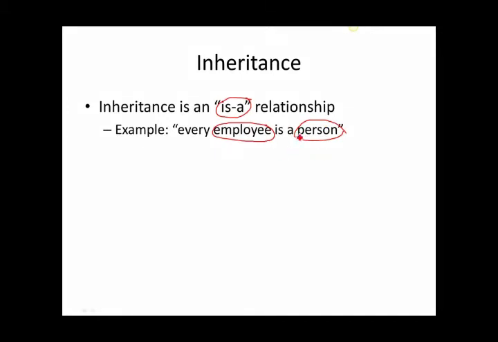If two classes have an is-a relationship, then we can use inheritance to reuse that code. Because every employee is a person, we can very much use the inheritance relationship here.